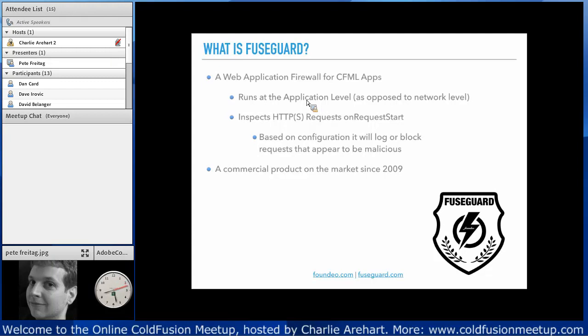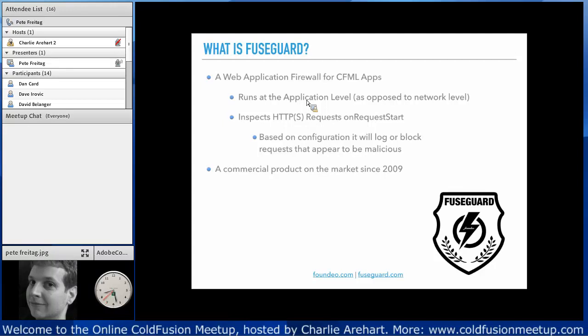And so when we talk about a web application firewall, this is different from when you think of a firewall. A lot of times the first thing that comes to mind is something called a network firewall. So that's really just about blocking maybe IP addresses or blocking ports, TCP ports, or blocking certain protocols or things like that.